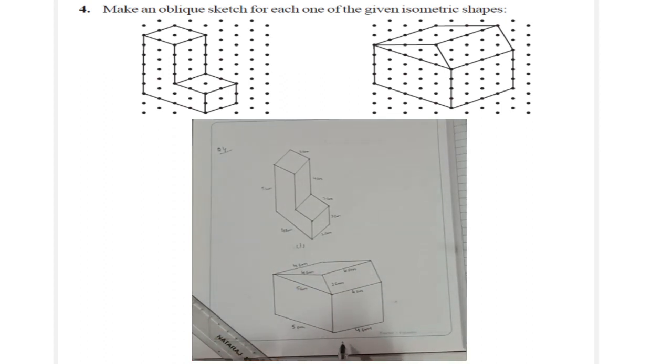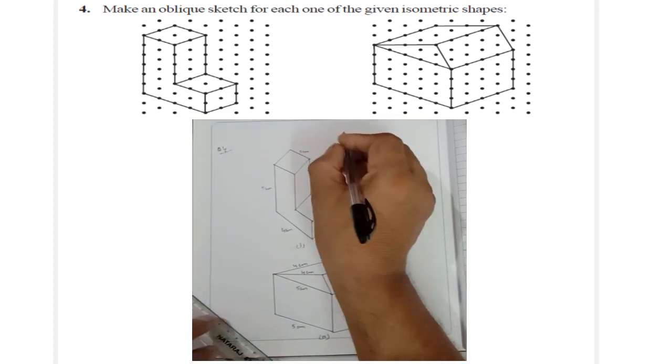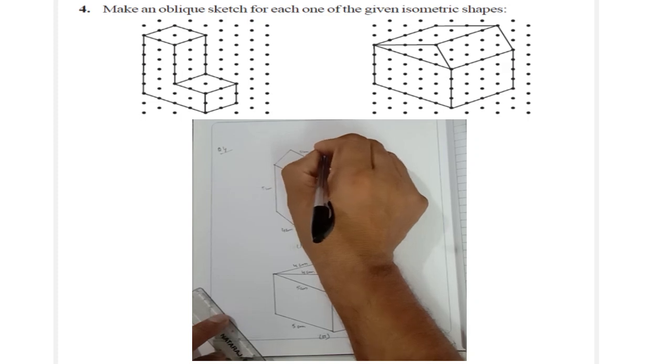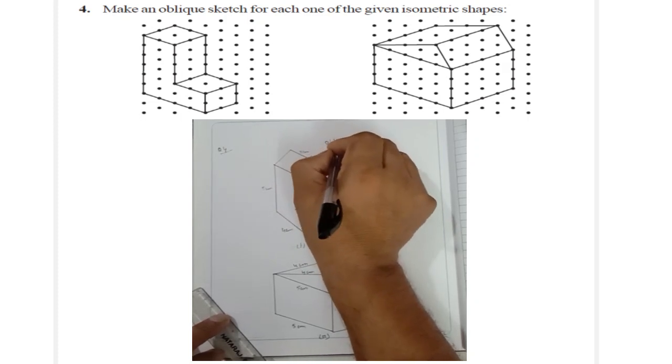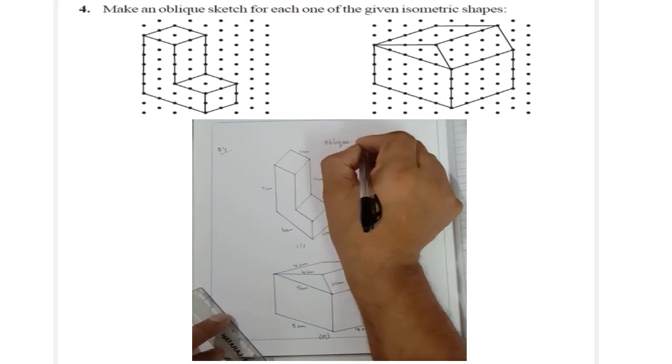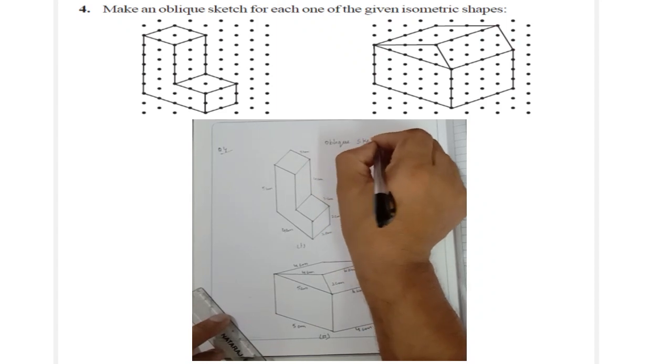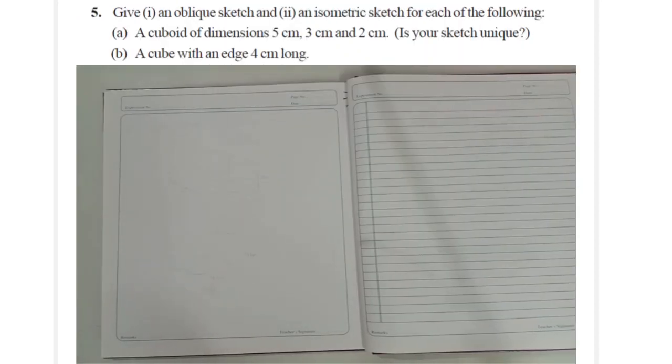So this is the oblique sketch of second isometric shape. So these are oblique sketches of isometric sketch. Come to question number 5.